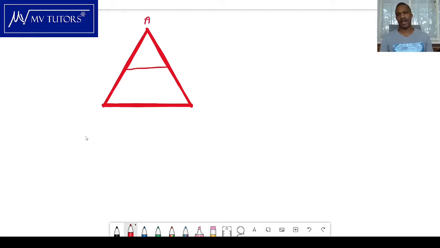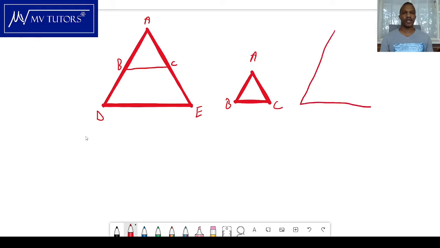So we have A, B, C, D, and E. Okay, so this consists of a small triangle, right? If you look at it, that small triangle, which is A, B, C, and then it's the big triangle, right? The big one on its own.